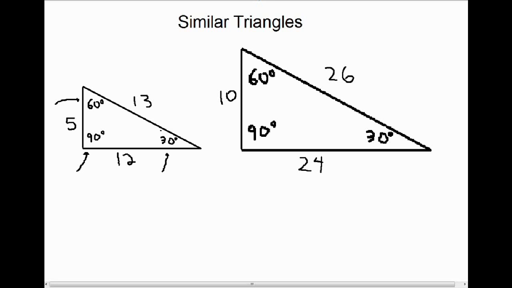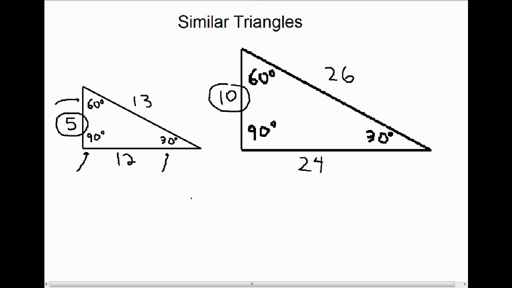And if we look at any two corresponding sides here, let's say we take this side, which is 5 units long, between the 60 and the 90-degree angles. The corresponding side there would be this side, which is 10 units long, because it's also between the 60 and 90-degree angles.